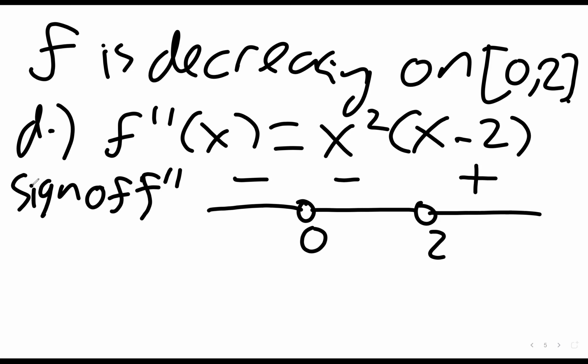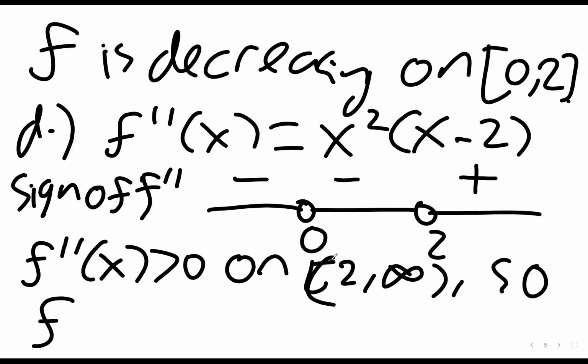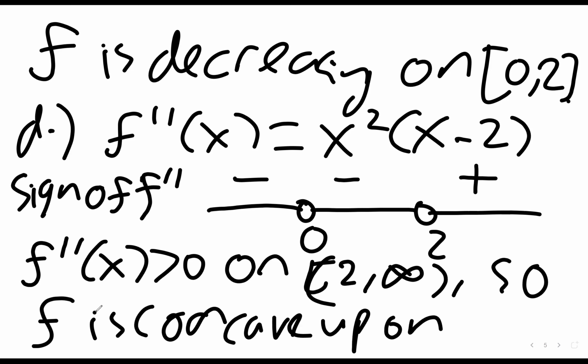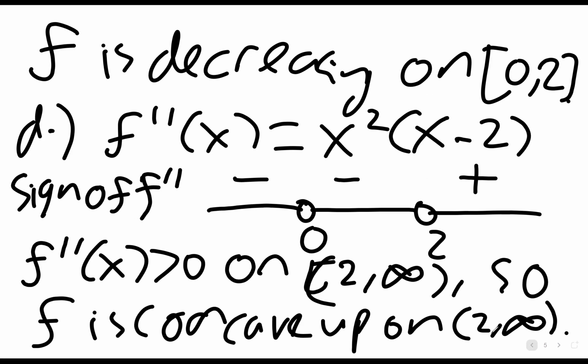So here I will say that since f double prime of x is positive on the interval 2 comma infinity, not including 2, f is concave up on this interval 2 comma infinity. So that's the conclusion. Of course, we have another conclusion.